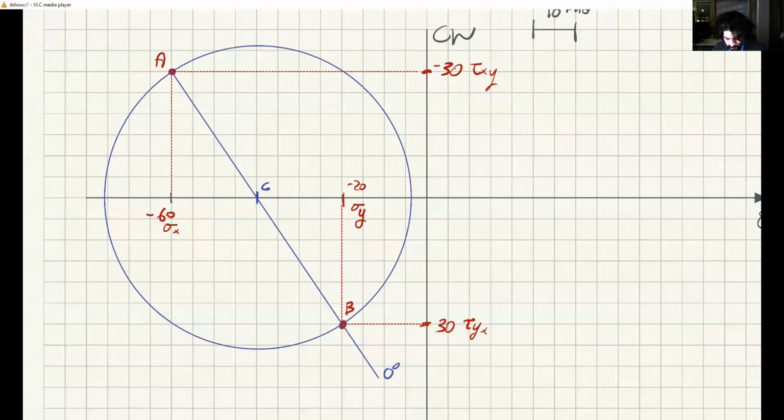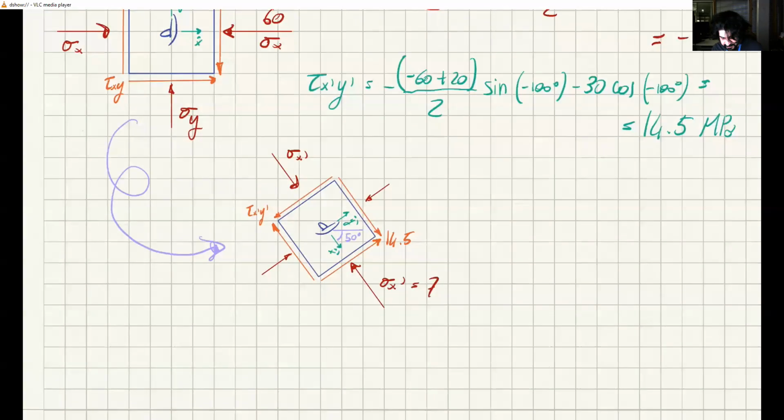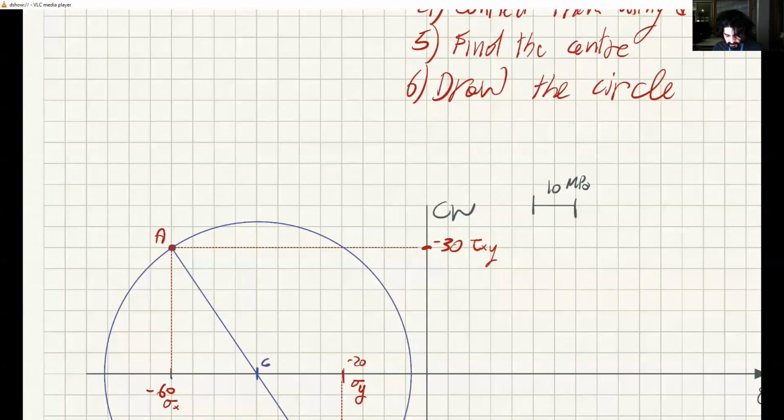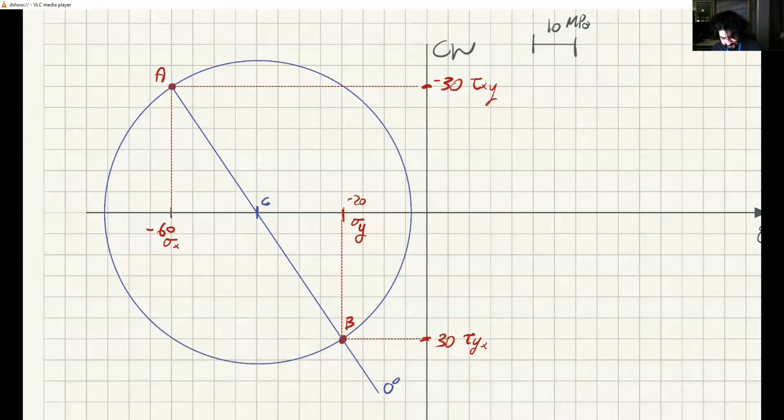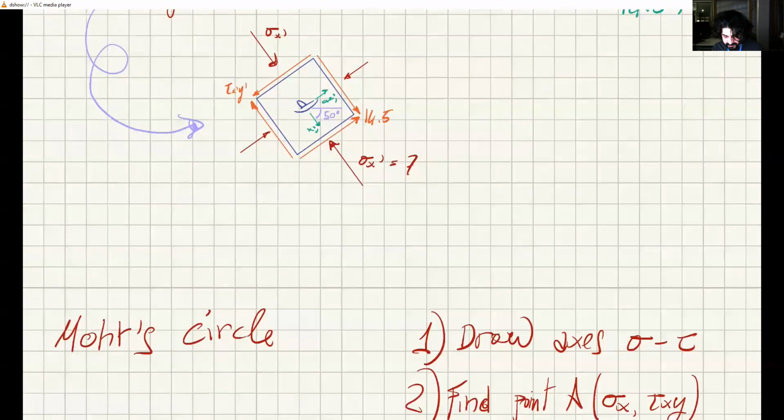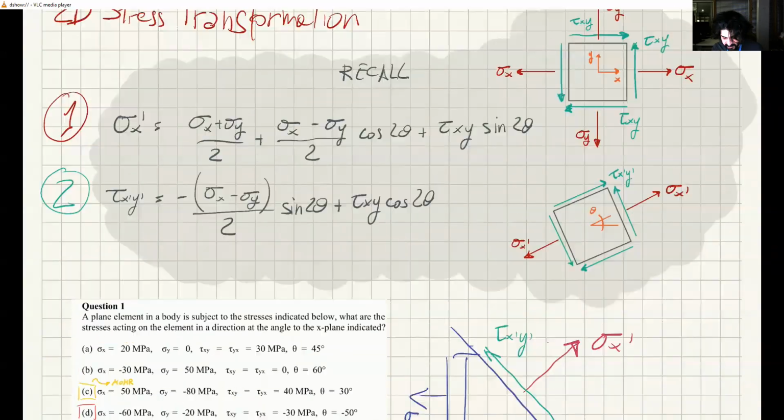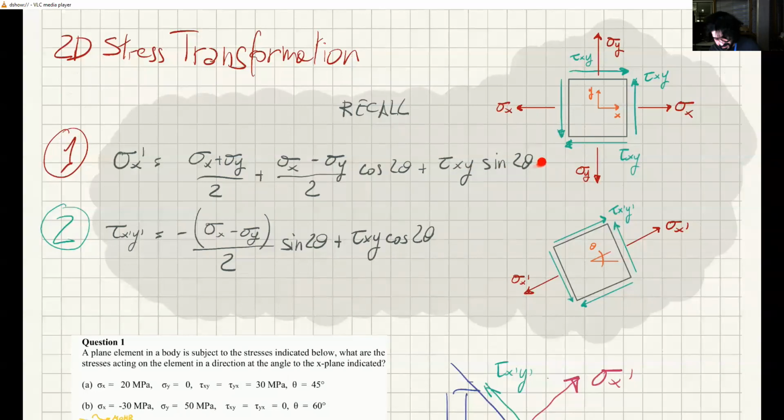So if I want to find what happens after a rotation of 50 degrees, remember, clockwise, I must rotate this diametral line 100 degrees. Why 100? Because the Mohr circle is a representation of this equation, and in this equation, all the angles are doubled.